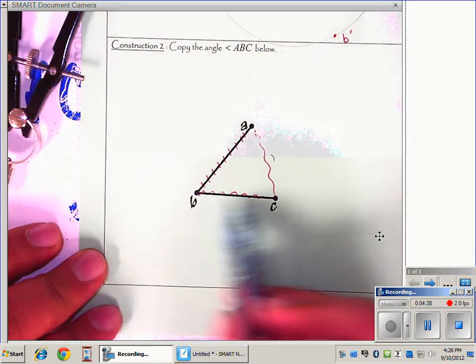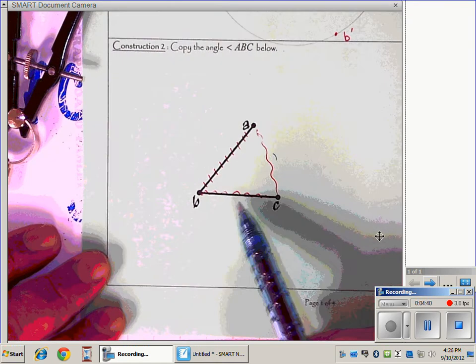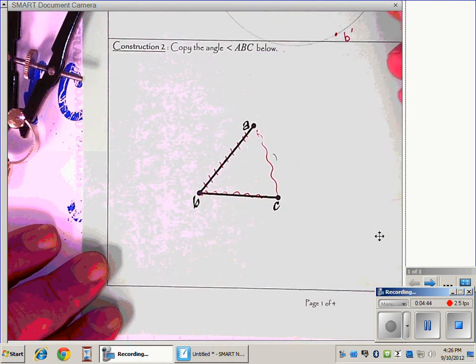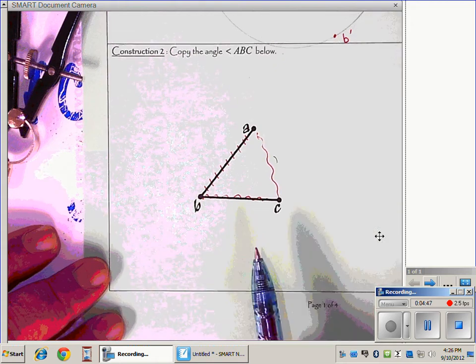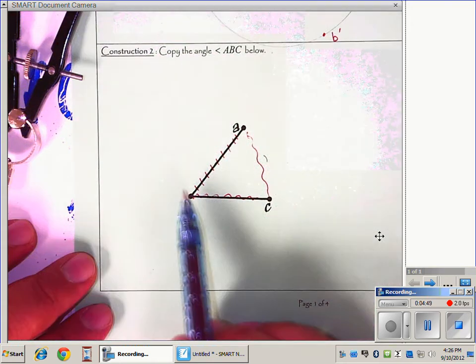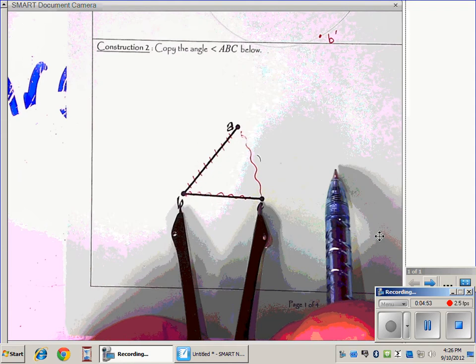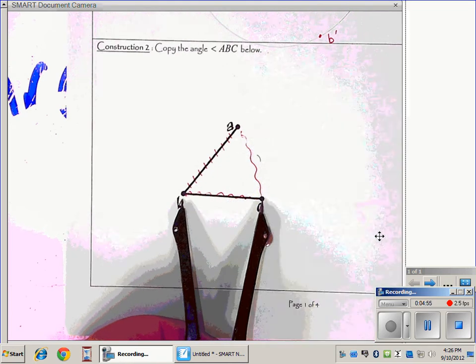So the strategy for copying BC will be the same exact strategy we used to copy AB in construction one above. So step one is going to be to set our compass length BC so we can actually take that distance. Choosing a new B point, and again, it doesn't matter where it is.